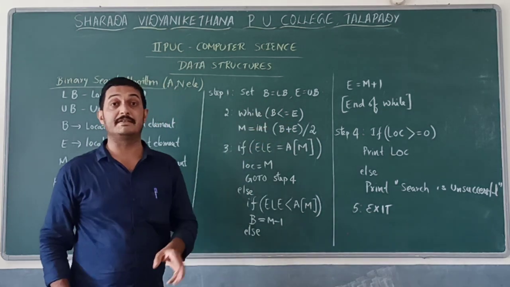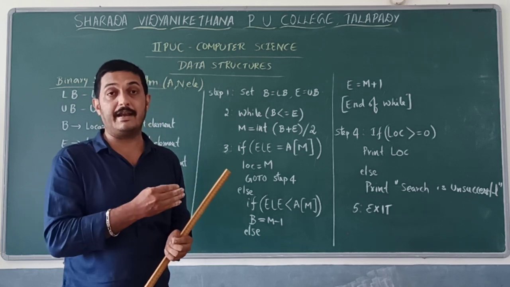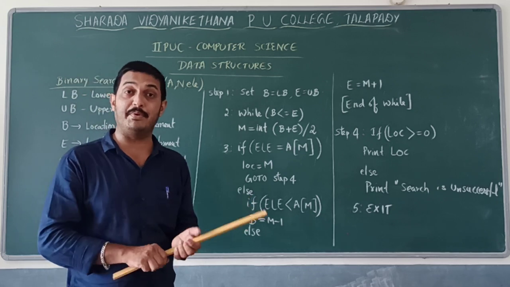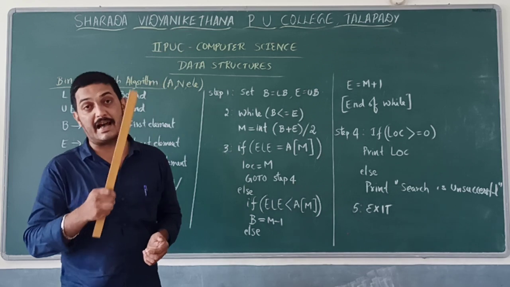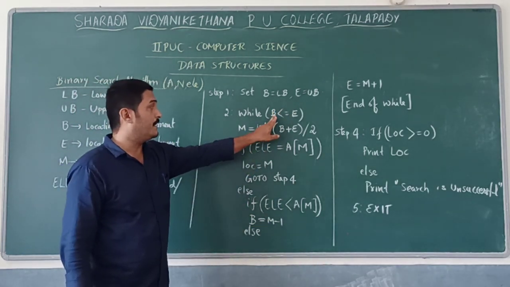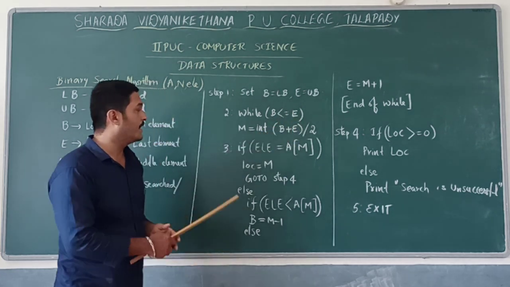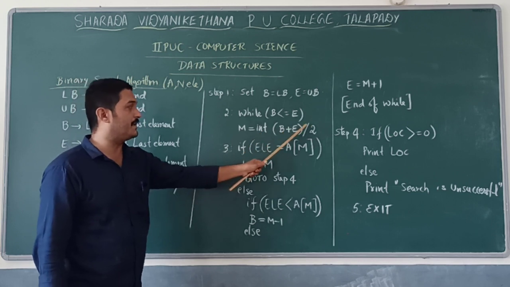Sometimes, while repeatedly dividing the list or array into two halves, the location of the first element and the location of the last element will be the same location. That's why B is less than or equal to E, and M equal to int of B plus E divided by 2.